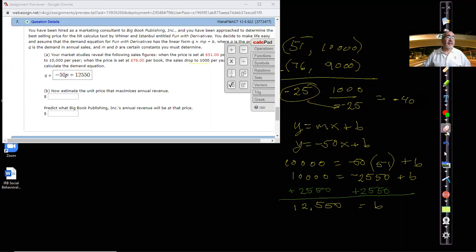So now, this is, again, a very important part of this. Well, it's not being very cooperative, so we'll cross this out. This is going to be 40. And so 40 times 51 is $2,040.